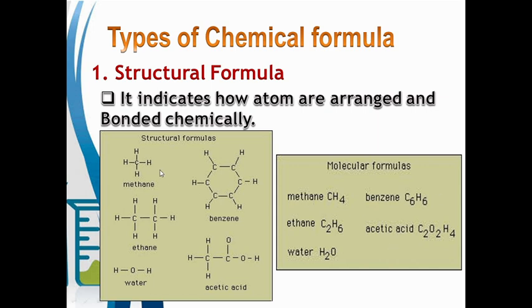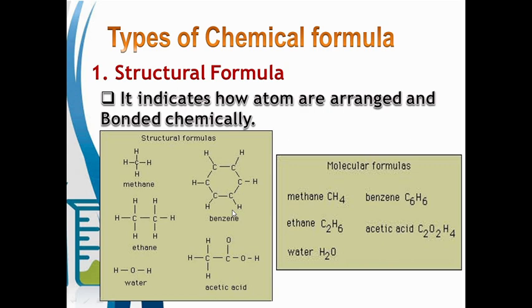As you can see in the structural formula, methane gas is composed of 1 carbon and 4 hydrogen, while ethane is composed of 2 carbons and 6 hydrogen. In water or H2O, we have 1 oxygen and 2 hydrogen.